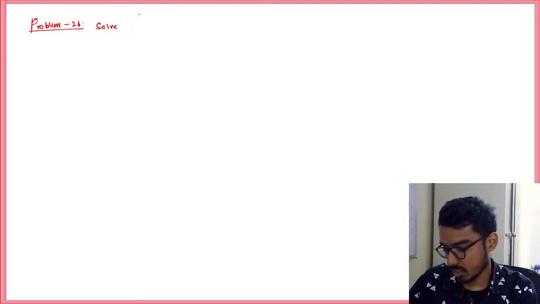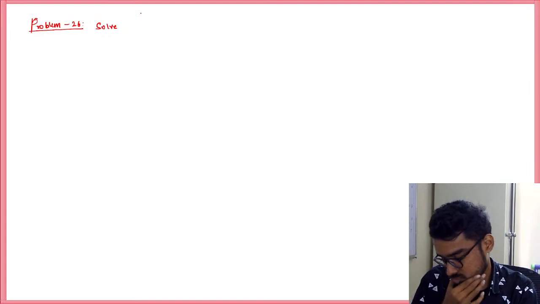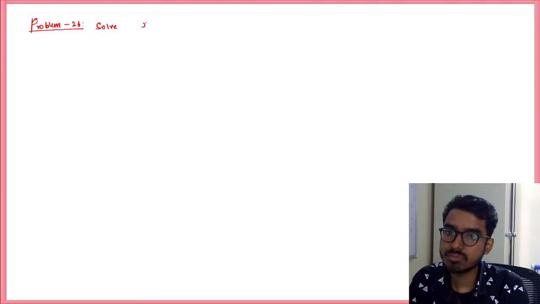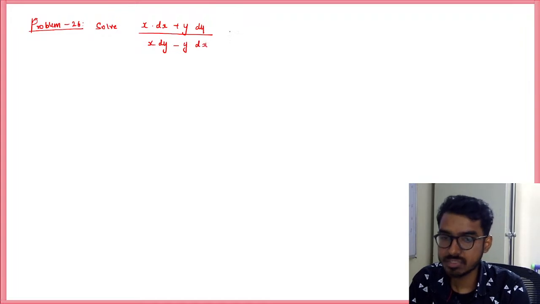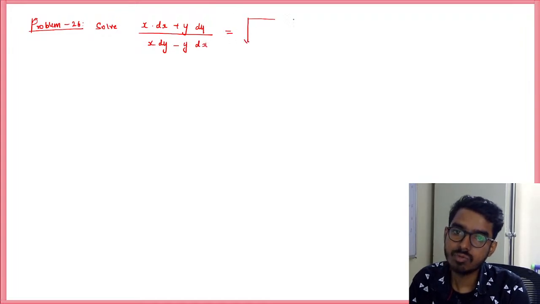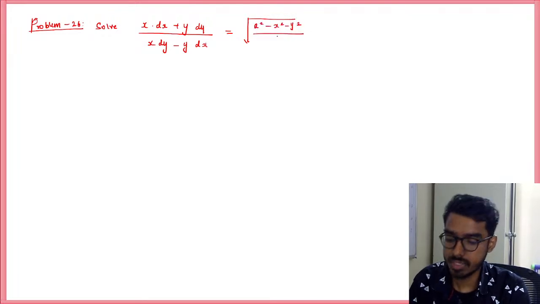Solve: x dx plus y dy divided by x dy minus y dx equals root of a square minus x square minus y square.